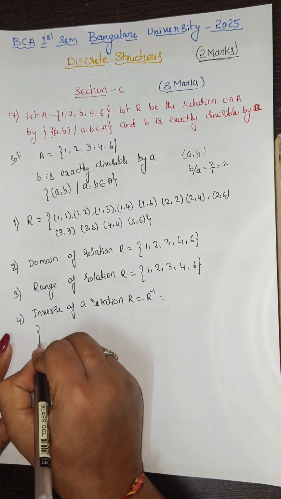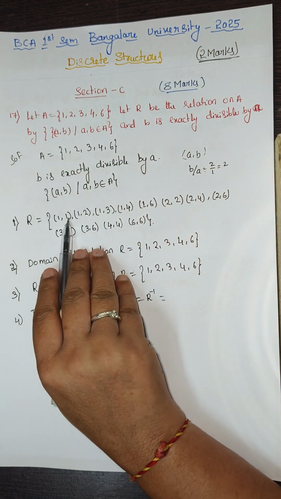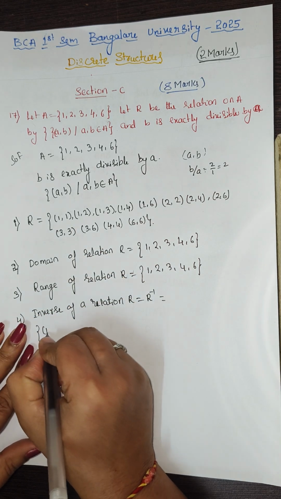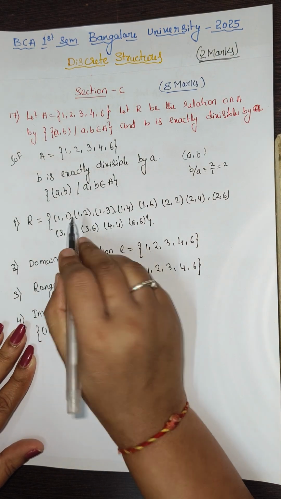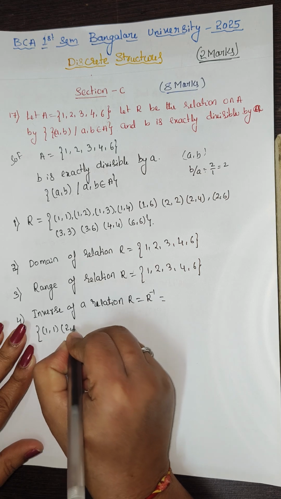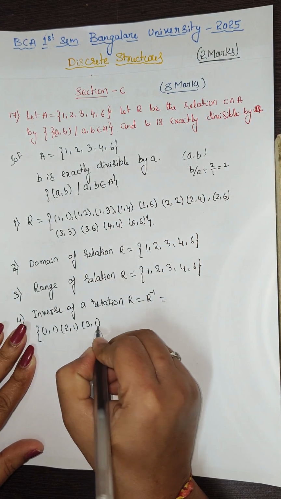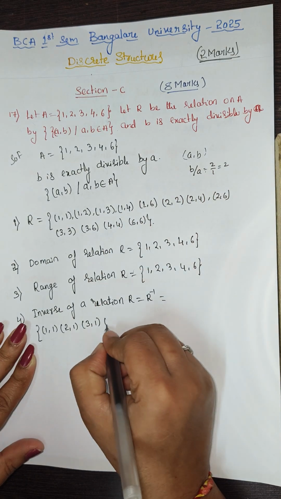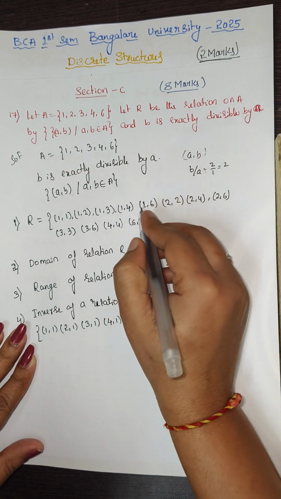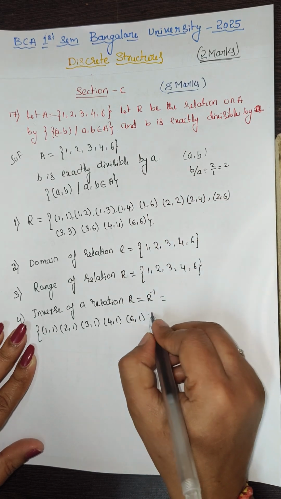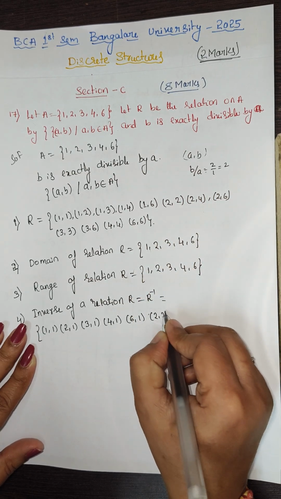Just change a and b; we have to interchange the pair. (1, 1) will become (1, 1) only. (1, 2) will become (2, 1). (1, 3) changes to (3, 1). (1, 4) is (4, 1). (1, 6) is (6, 1). (2, 2), after interchanging, will also be the same.